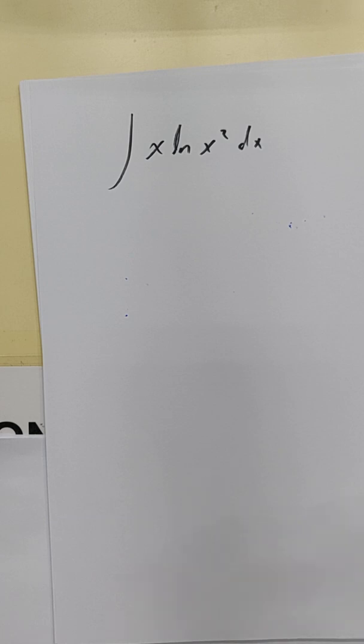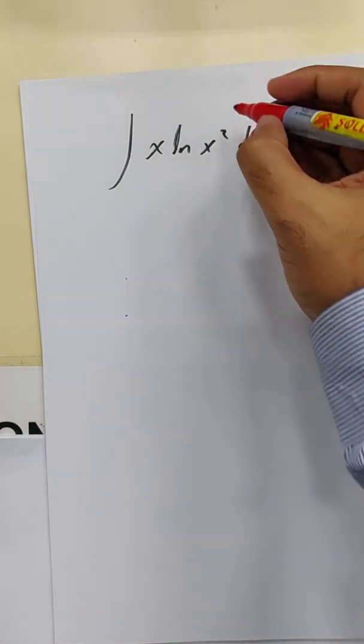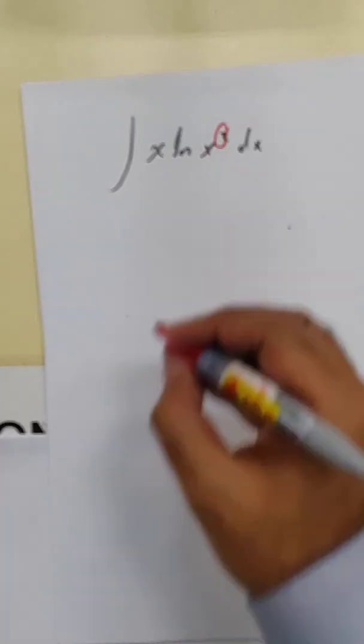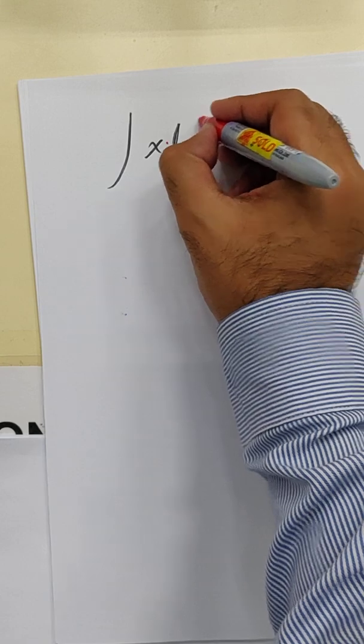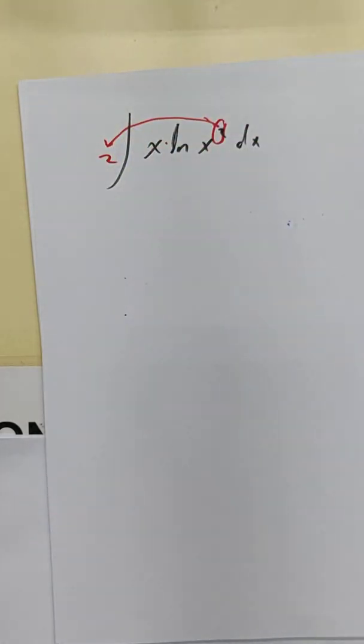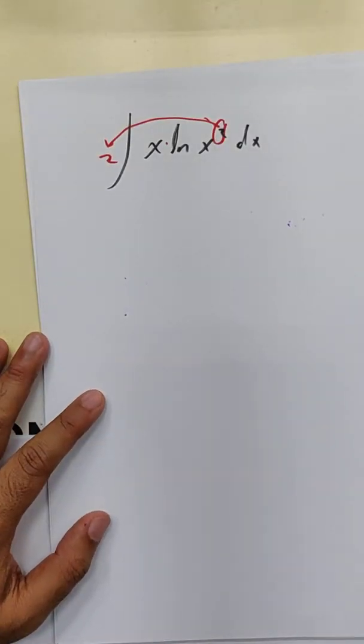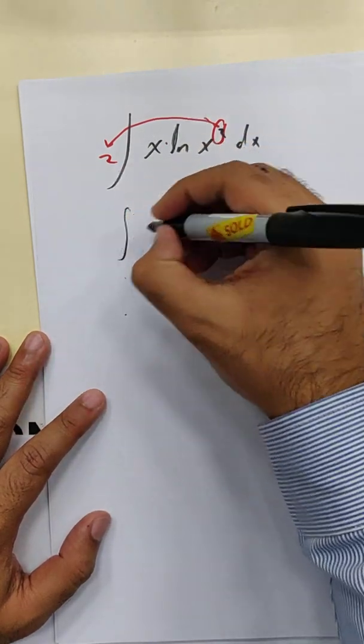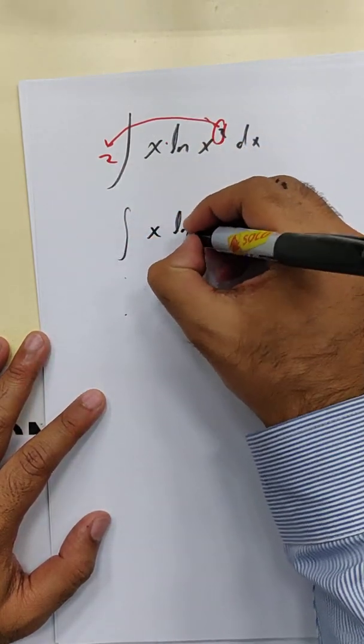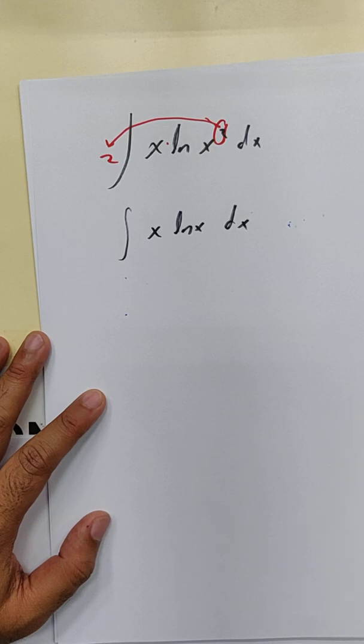I won't say IBP is wrong, but before you do IBP, there's a shortcut. This is a power, right? I can bring it in front, but I can bring it out straight away. Yeah, that's a super shortcut. So x ln x dx.